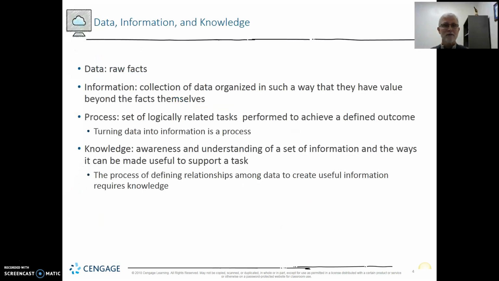One of the key areas is the difference between data, information, and knowledge. Data is just raw facts: batting averages for a baseball player, the win-loss column, how many wins, how many losses. Great trivia questions, but unless you go on a game show and win a lot of money, facts themselves probably aren't going to put food on the table. Information is a way to gather that data so that it gives you some value.